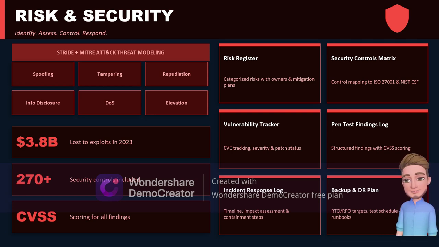The Blockmaster OS gives your security team a complete risk management framework, from a structured risk register with owner accountability to STRIDE-based threat modeling, MITRE mapping, CVE vulnerability tracking, and a full incident response log. Your CISO gets the documentation they need to present to the board, your SecOps team gets the operational tooling, and your auditors get evidence. This isn't a theoretical security posture, it's a working security management system.